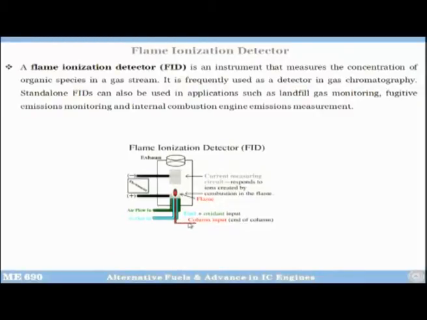And what happens is that when you have a hydrogen oxygen flame, hydrogen plus oxygen is water. Do you generate any ions in there? There is no ion generation, but the moment you put in any kind of hydrocarbon through it, hydrogen plus carbon, you start generating ions.